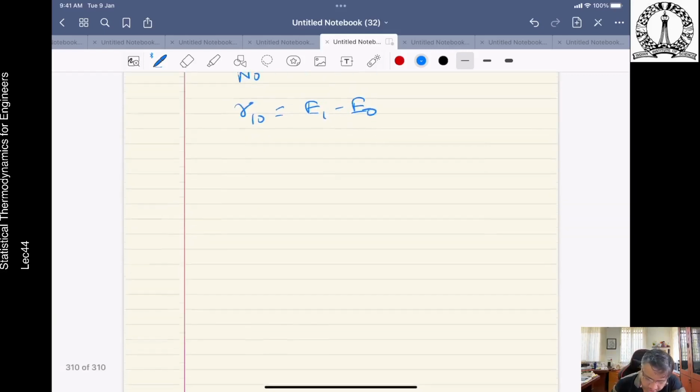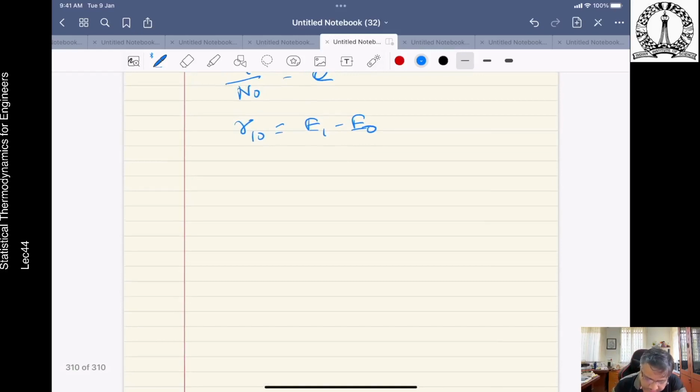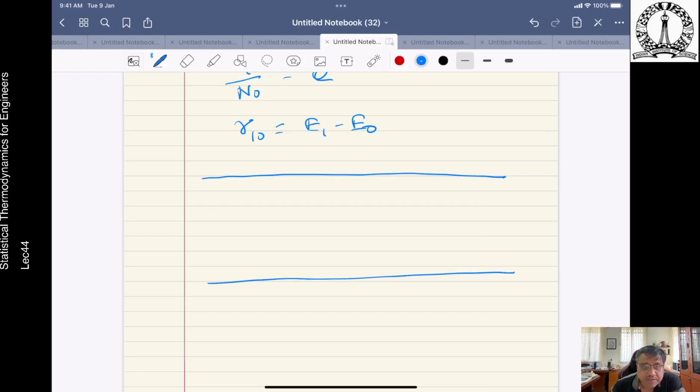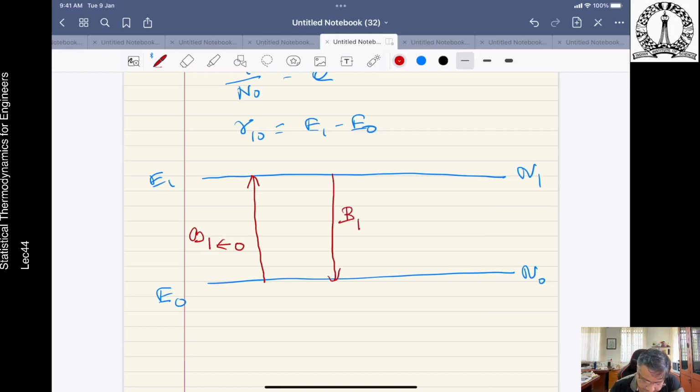So let us redraw it a little bit. Again the same thing. This is E1 with N1, this is E0 with N0, and let us draw a few lines and then we will see what those are, including B01 and the transition from one to zero.